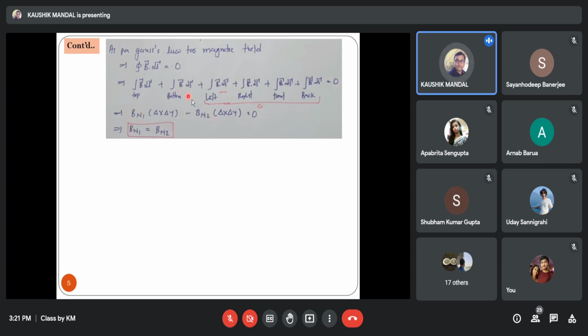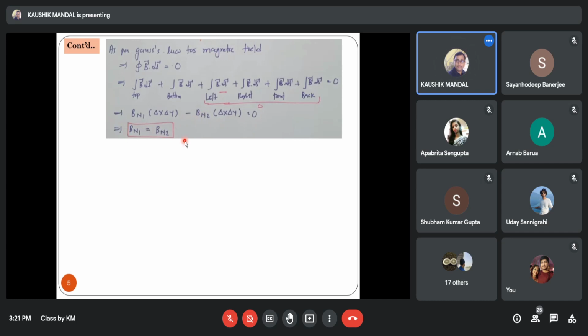In the case of the bottom surface, this Bn2 is entering the surface. So these two will have opposite polarity, opposite sign. By simplification of this equation, we find that Bn1 equals Bn2.